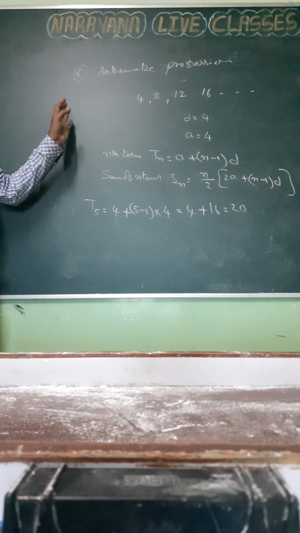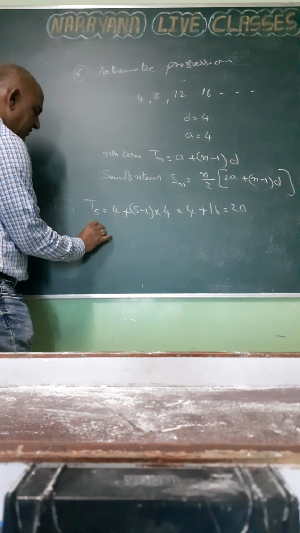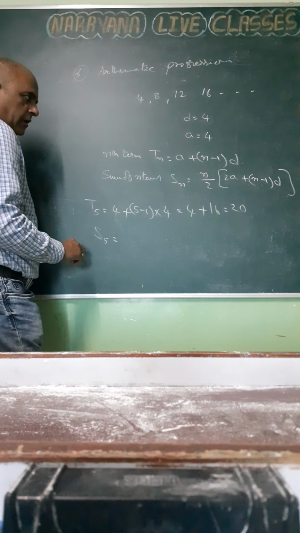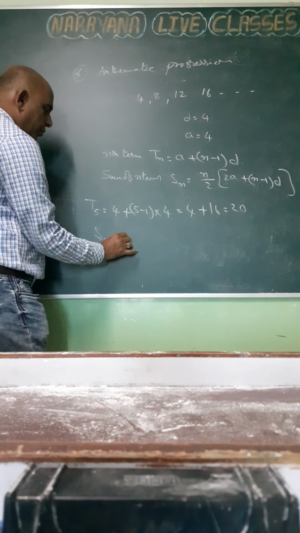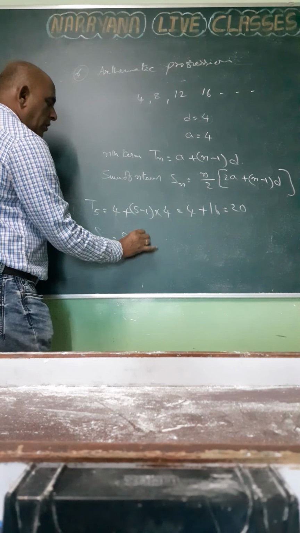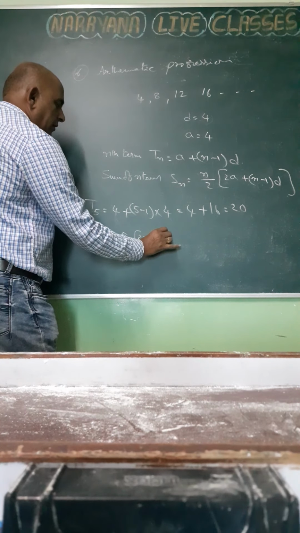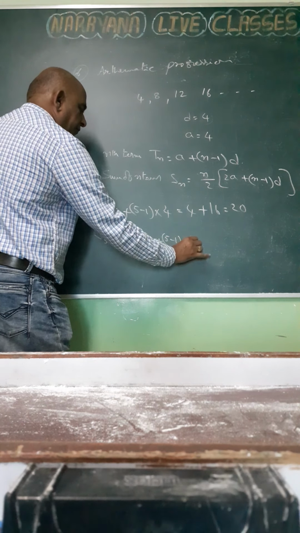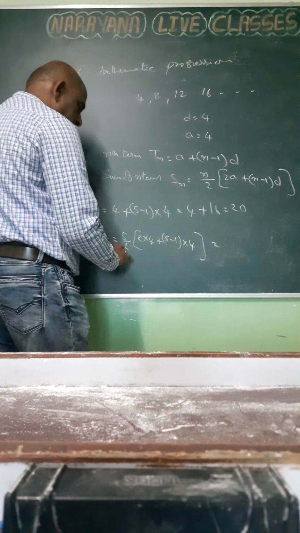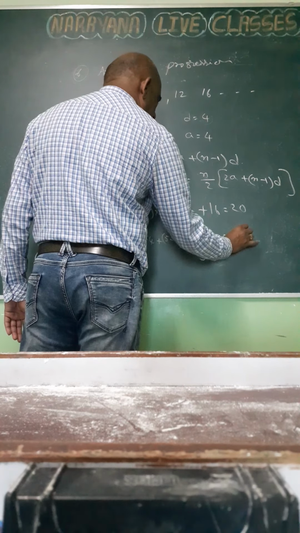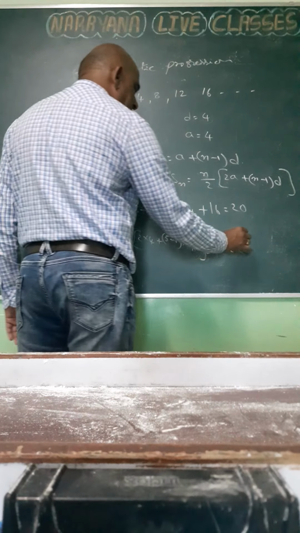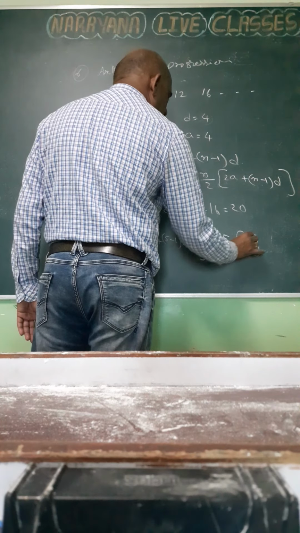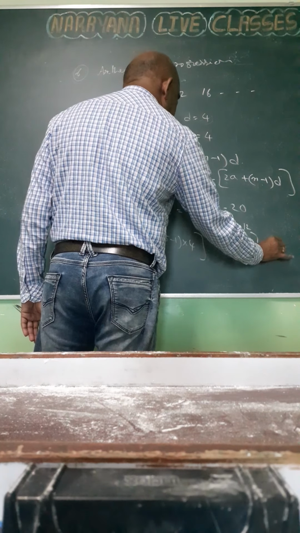Sum of 5 terms. S5 is equal to n by 2, that means 5 by 2 into 2a, 2 into 4, plus n minus 1, which is 5 minus 1, into 4. So we are getting 5 by 2 into the bracket 8 plus 16, so 24. 2 ones are 2, 12 fives are 60.